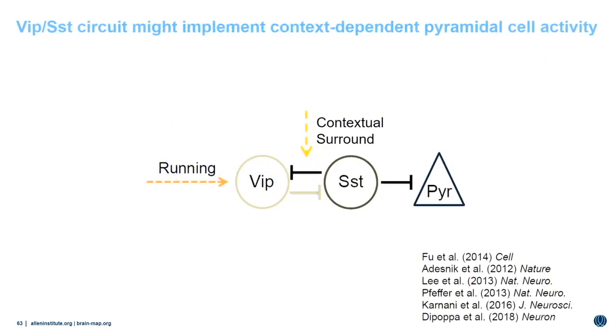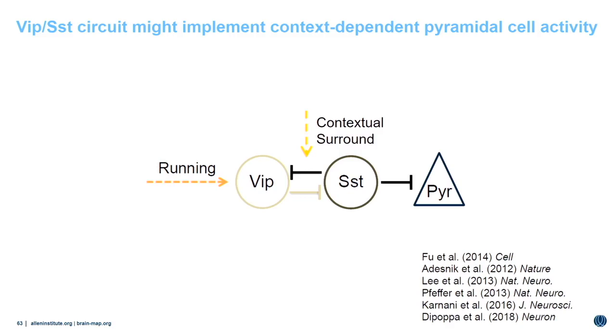Results like these have led a model to emerge in the field in which context-dependent or contextual information modulates the interaction between an inhibitory microcircuit that is known from the anatomy between the VIP and somatostatin interneurons, and that this in turn can provide context by modulating the excitatory pyramidal cells.